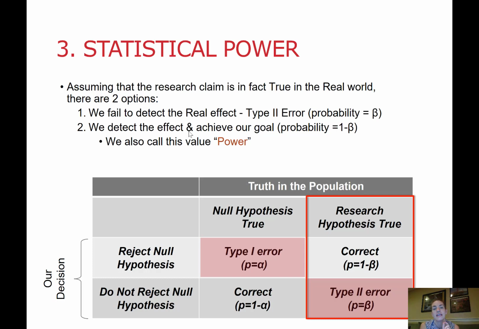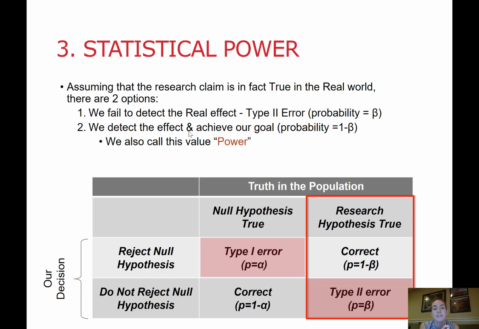So in other words, if the research hypothesis is true, then the probability of making a type 2 error is beta. You know that from a previous lecture. So the probability in that case of power, or of correctly rejecting the null, is equal to 1 minus beta.